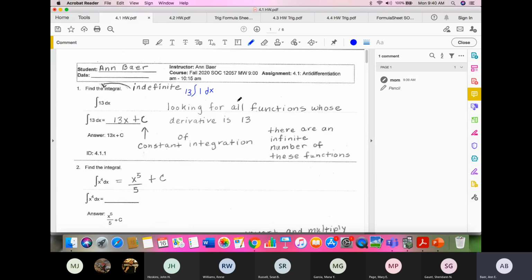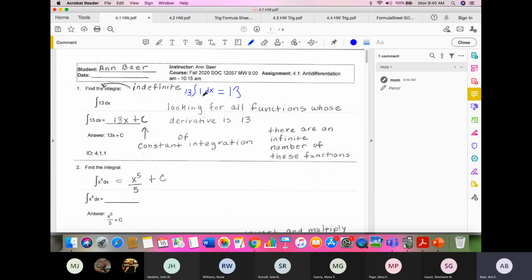So the reason why I like to do that is because I now need to think about, well, first of all, let's copy over that 13. We now need to think about which function, which f of x, has a derivative equal to 1.